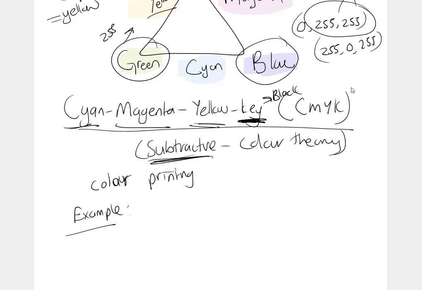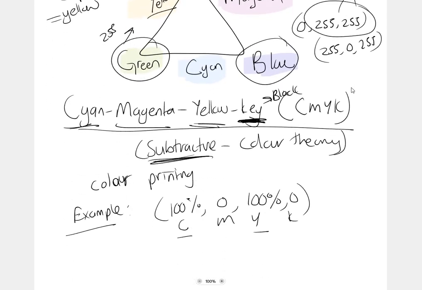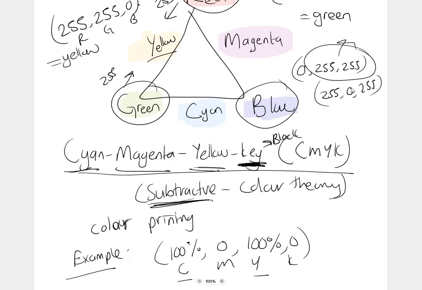Right, so let's look at an example. If I say, what color is this? 100% of this, 0% of that, 100% of this, and 0% of that. Here we're using cyan, magenta, yellow, and key. So cyan and yellow are 100%. You can use my triangle to figure out what the color is. Cyan C is over here.